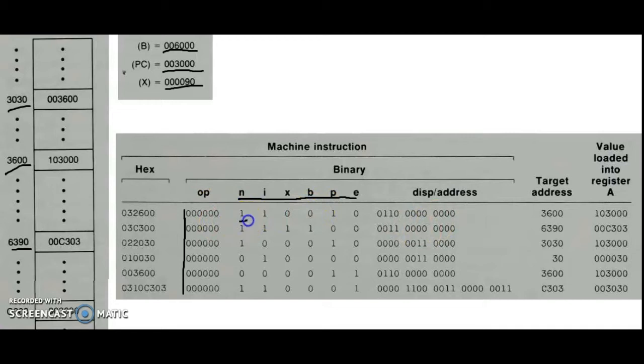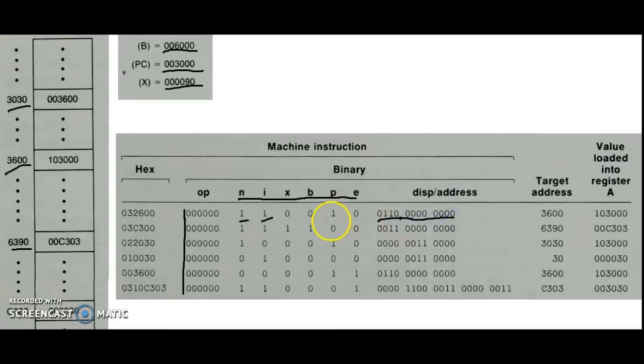The first case is n equal to 1, i equal to 1, which means it is simple addressing mode. In simple addressing mode, you will be getting some displacement or address from the operand field.